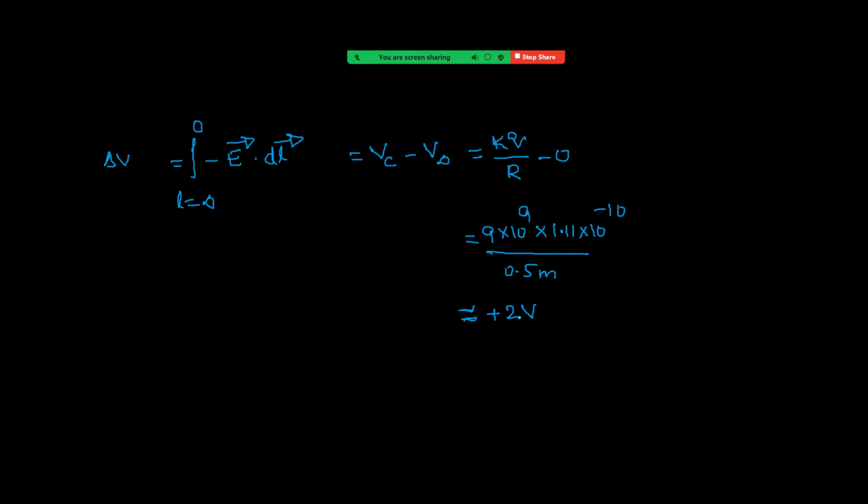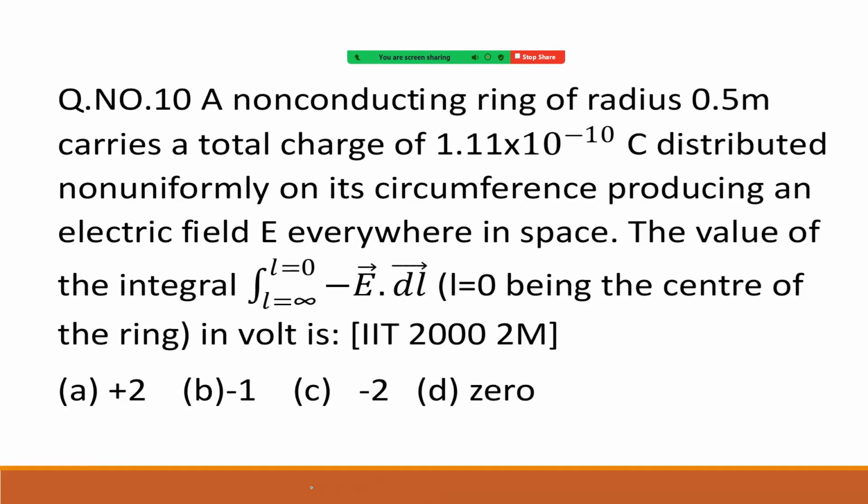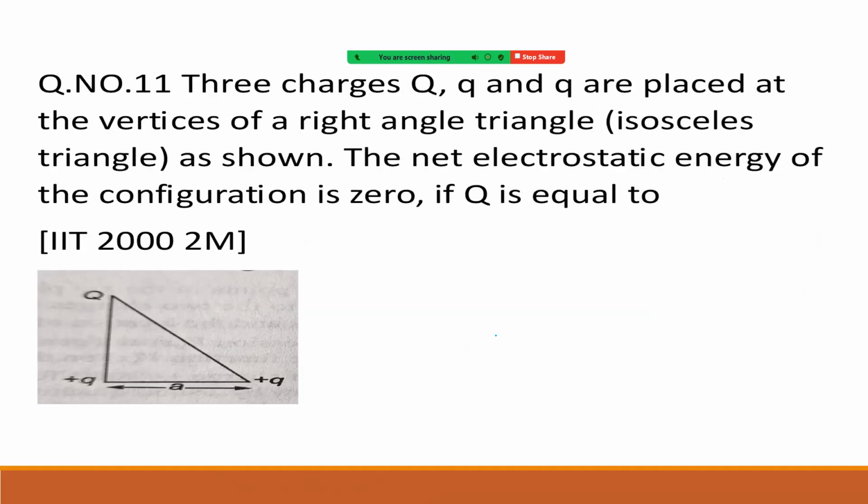So approximately it is 2 volt. It is a very simple question. So the answer is plus 2, the first option. This question was given in the year 2000 for 2 marks. See next problem.